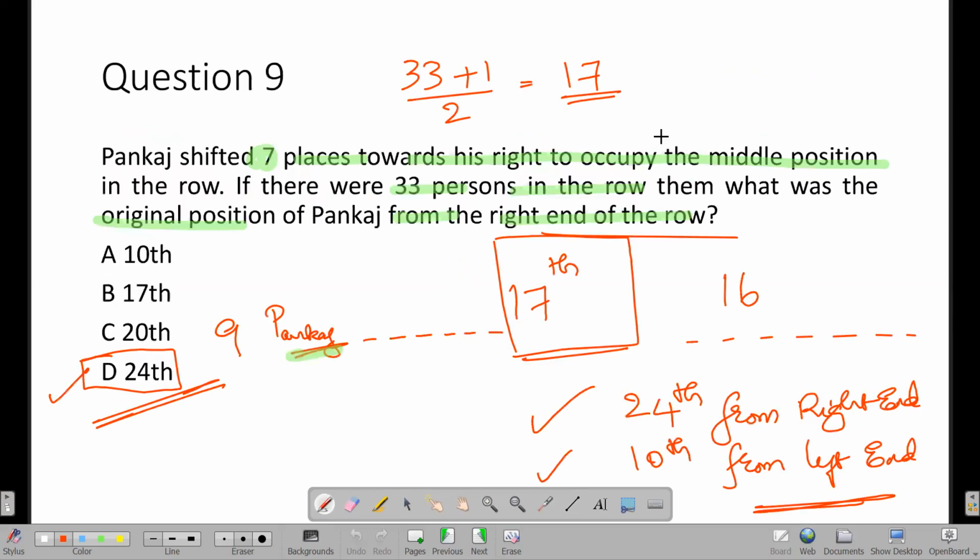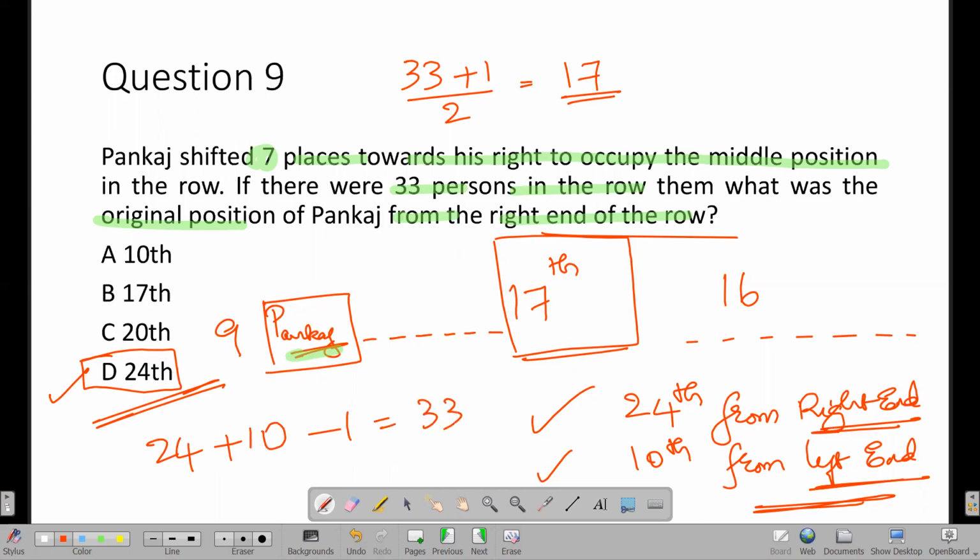Now, the same logic is applicable in that previous question also. I mentioned that this original position of Pankaj you are considering, it is 24th from the right end, 10th from the left end, right? So you can consider the total number of people in this particular row as 24 plus 10, 34 minus 1, that is equal to 33.